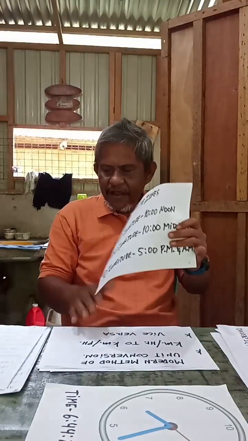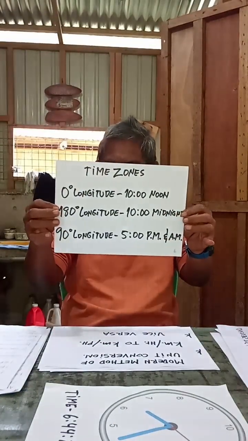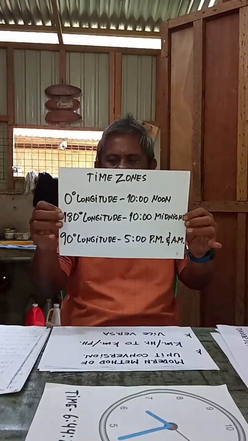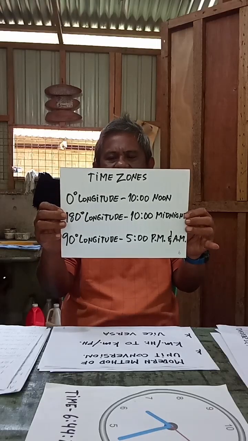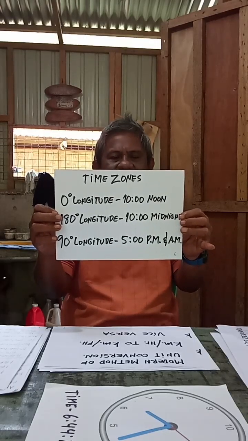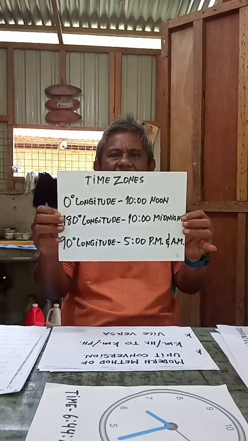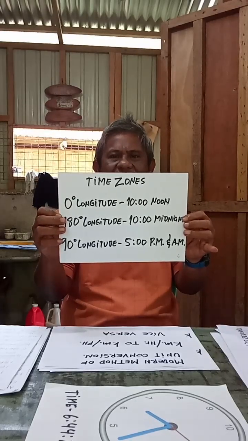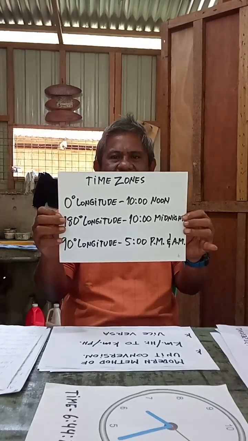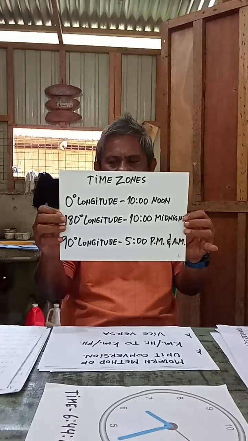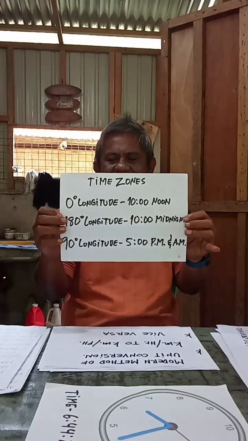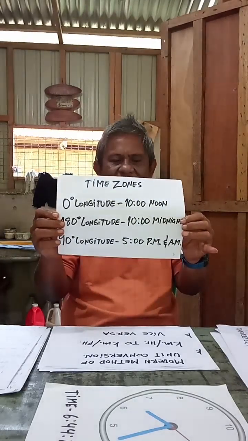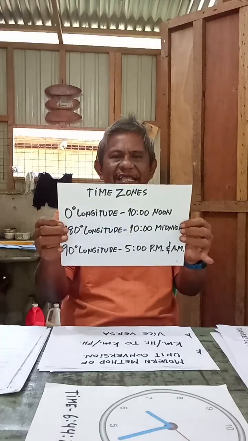Then the time zones. Peregrino Sienes Time, the future chronograph, time zones. 0 degrees longitude is 10 o'clock noon. Alas 10 ng tanghaling tapat. Alas 10 sa udtong tutok. 180 degrees longitude is 10 o'clock midnight.